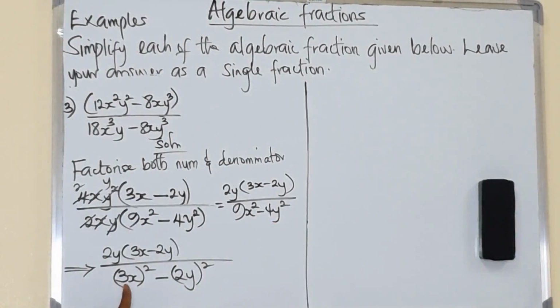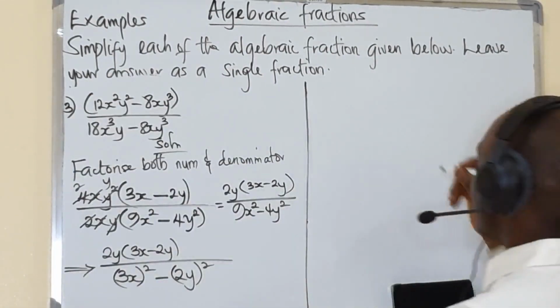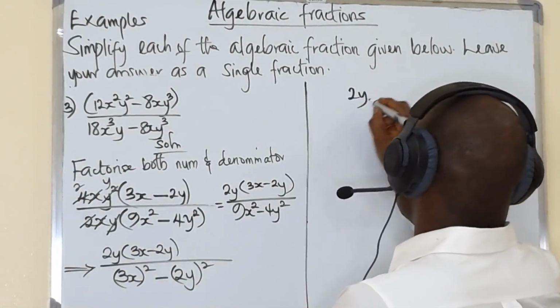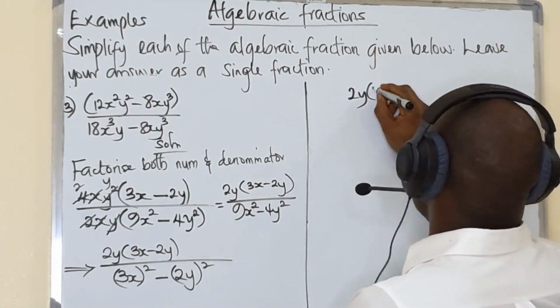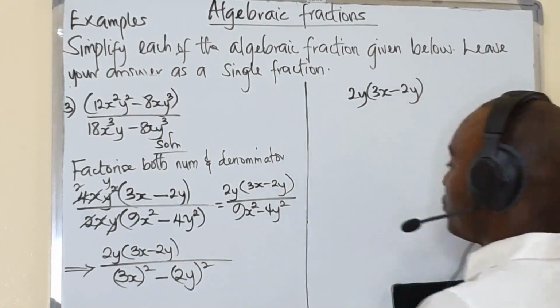At this juncture, you notice difference of two squares existing. Therefore, we have to demonstrate the expansion scale to be able to simplify the denominator. So let's do that right away. At the numerator, we have 2y, open a bracket, 3x minus 2y inside the bracket. Close your bracket.